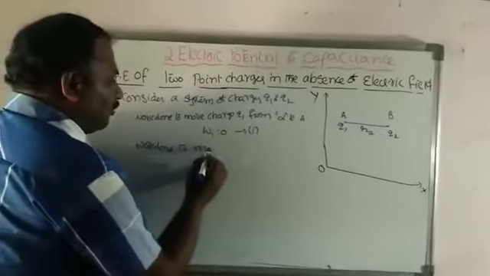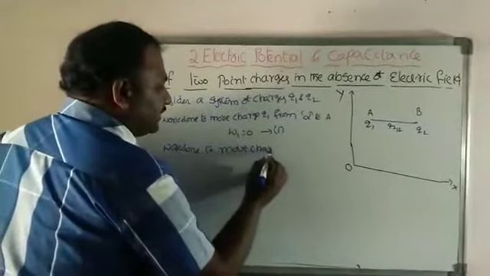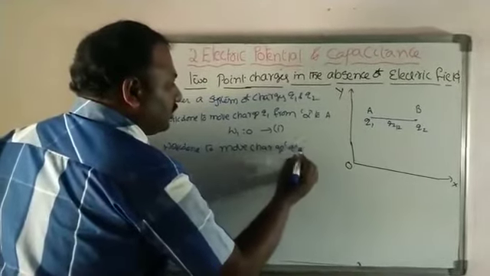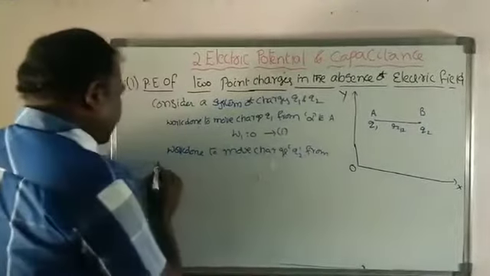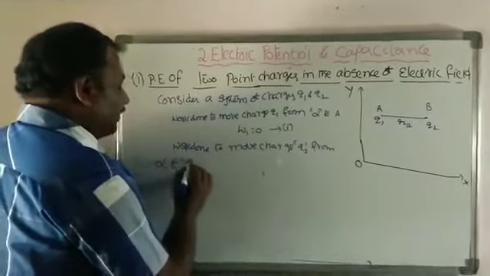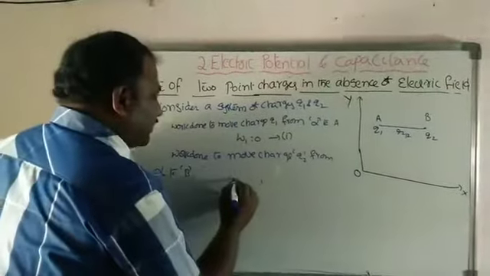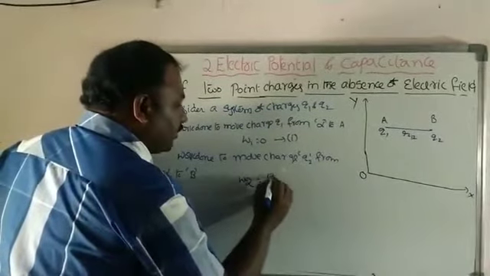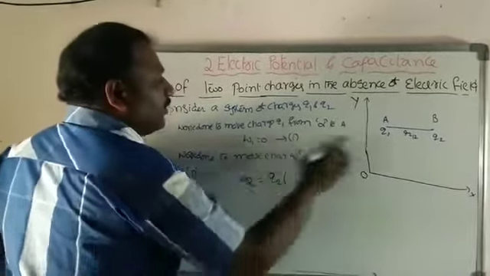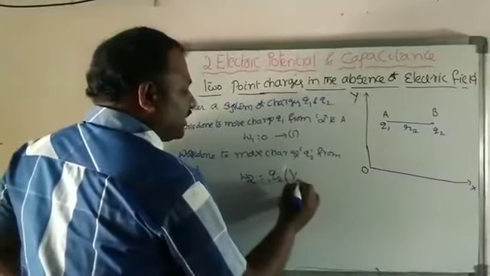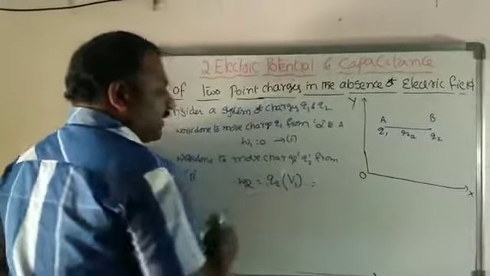to move charge Q2 from infinity to B can be taken as W2 is equal to Q2 into potential due to charge 1. Remember this one.